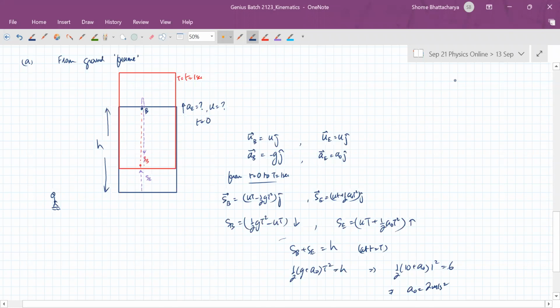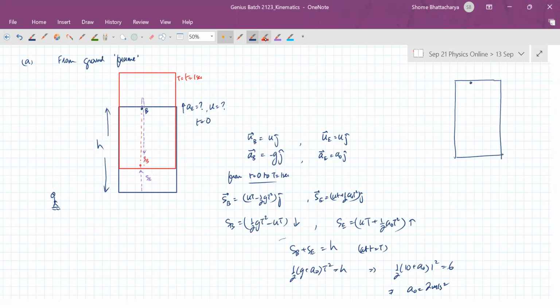So what happens is, let's say the bolt comes off at this moment. Next moment, you see the elevator is somewhere here, and the bolt is somewhere here. In the frame of the elevator, the bolt has still actually come down.